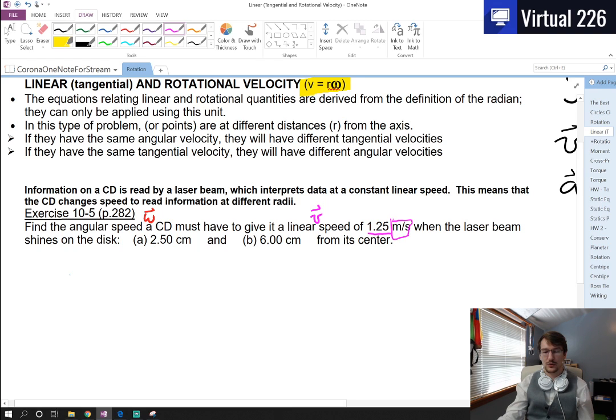Remember, linear quantities are in meters per second, where for rotational quantities we replace meters with radians, so that'll be radians per second. We're going to see how this changes if the laser beam is 2.5 centimeters from the center of the disk and 6 centimeters from the center.